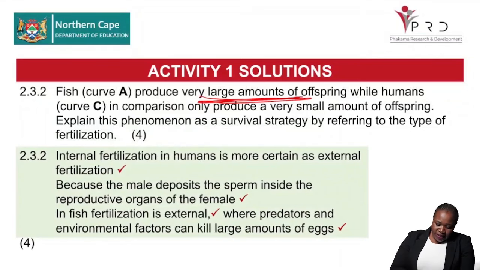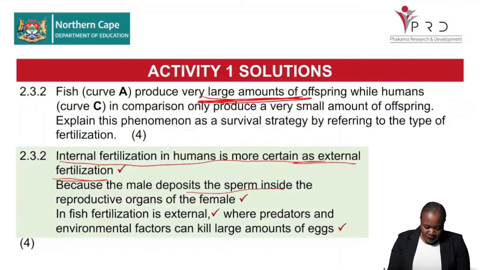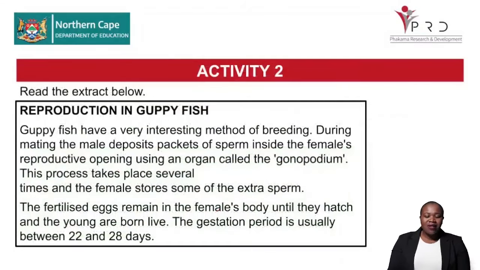So internal fertilization in humans is more certain than external fertilization, right? Because the male deposits the sperm inside the reproductive organ of the female, whereas in fish, fertilization is external, where predators and environmental factors can kill those eggs. So the production of a high number of eggs is actually an advantage to some extent, just to make sure that at least should anything happen to some of the eggs, some would still survive.